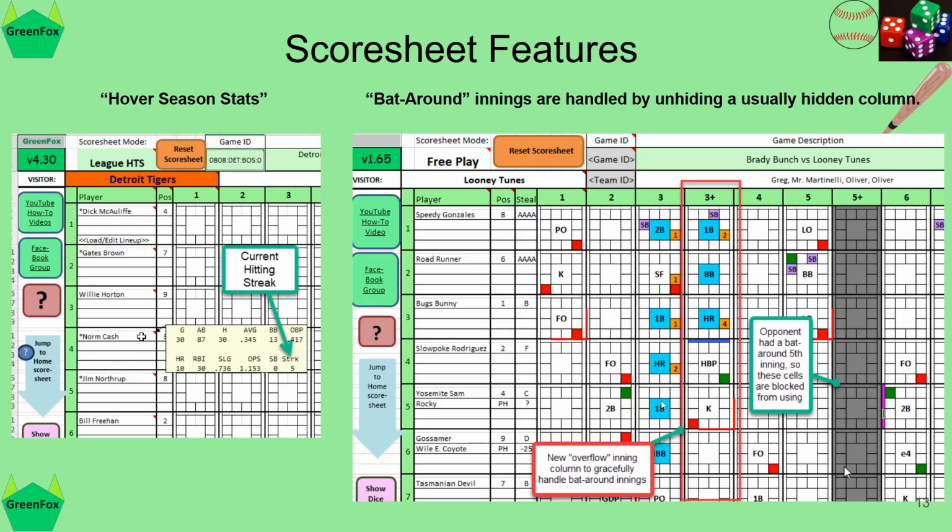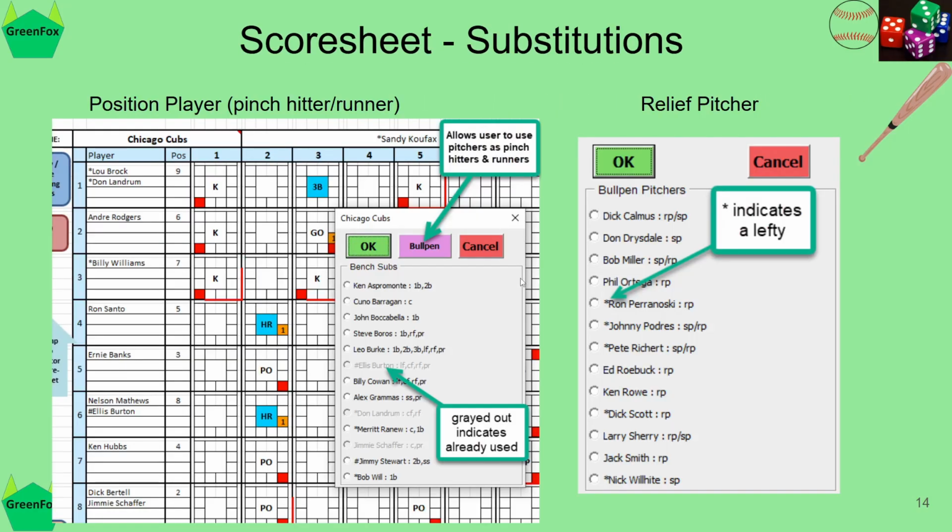Now it will automatically detect when you've batted around and prompt you, saying it looks like you batted around, do you want to see the overflow inning? Typically you would say yes, but you can always do it manually. That's batting around.